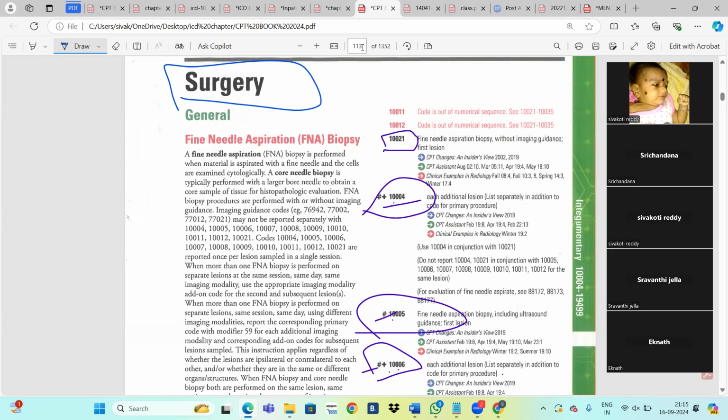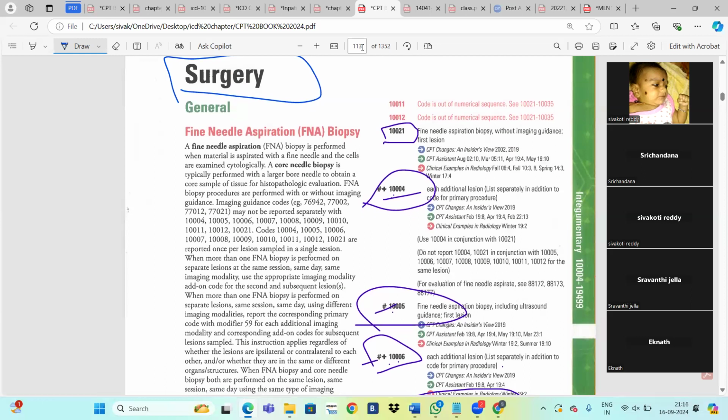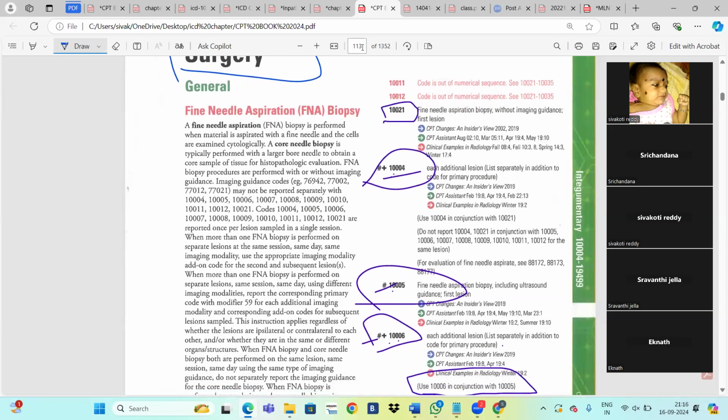Okay, it will be what important for CCS, that's it. Okay, if you wanna explain like CPC range, it will take 1 month time for CPT. Okay, we are discussing only exam purpose of the CPT book. Okay. So this surgery onwards, we can explain how to use the book.